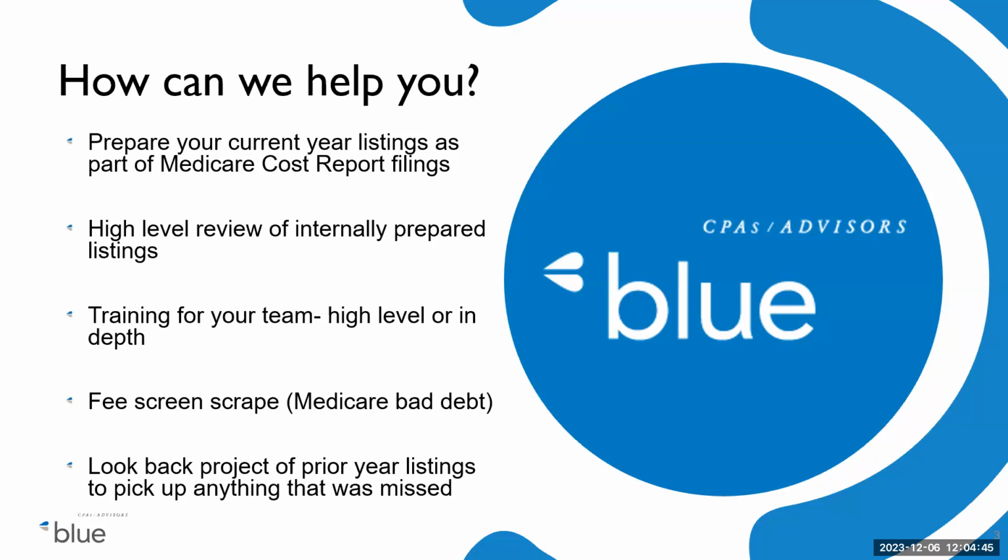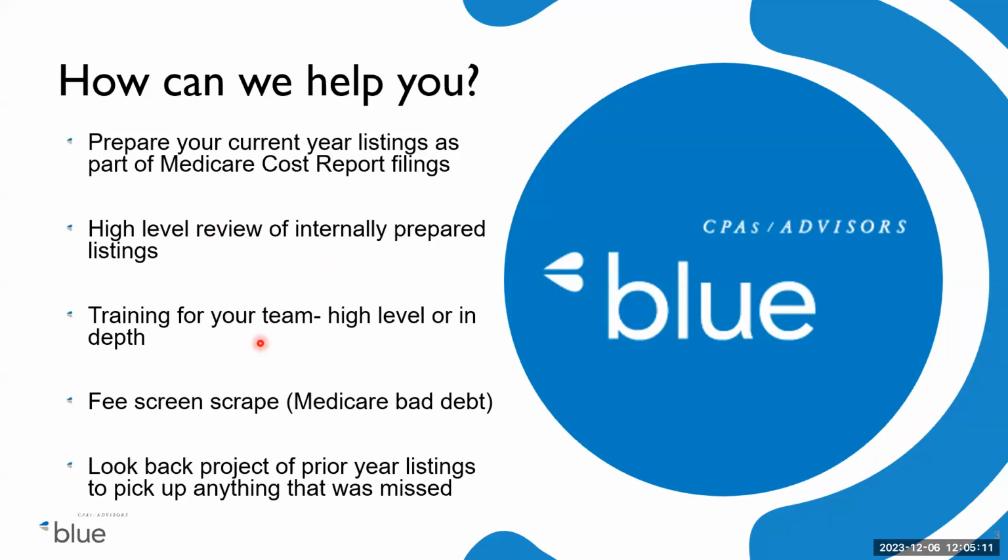Okay. So I just wanted to go through a couple things of how Blue & Company can help you. So when it comes to Medicare bad debt and DSH and S-10, we can help you prepare your log. It can be current year that we are going to file with the cost report. We can fully prepare them, or we can do a high level review if you want to prepare them internally.